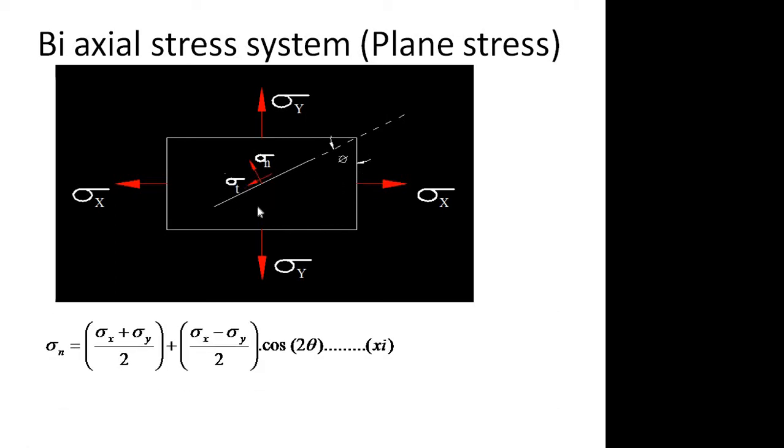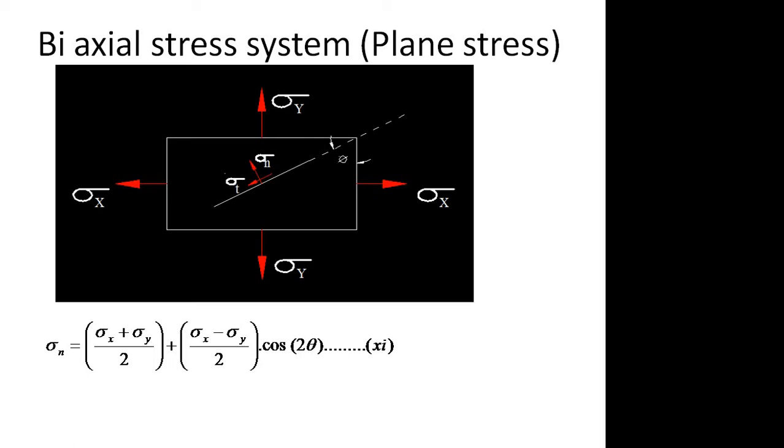I am not going to do a detailed derivation of this. That is not the theme of the work. We just have to refresh the concept and go on to solve the problem. So this is the final equation which we have derived for sigma n, the normal stress.